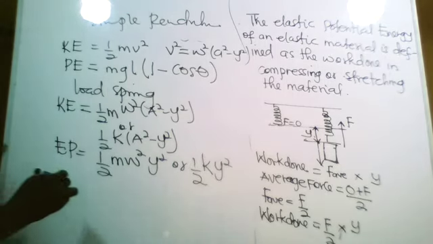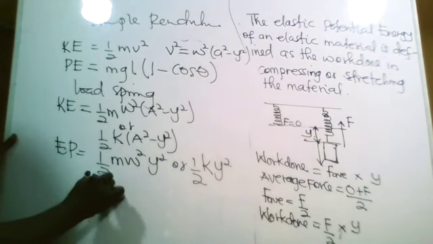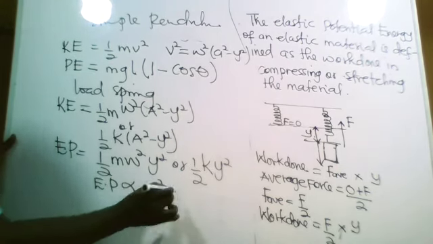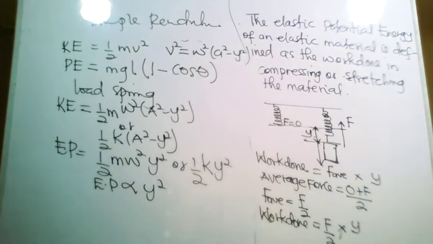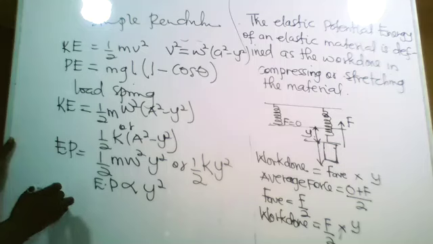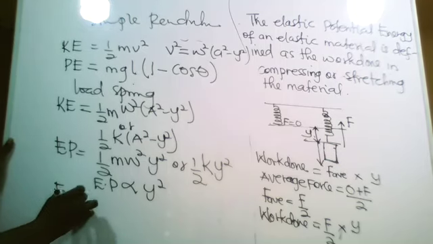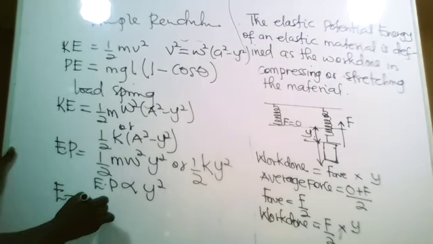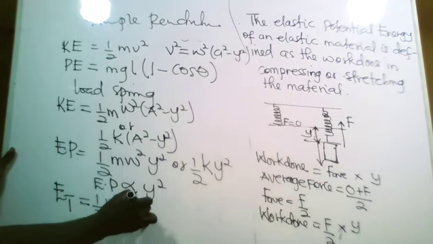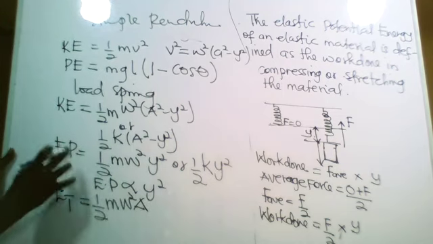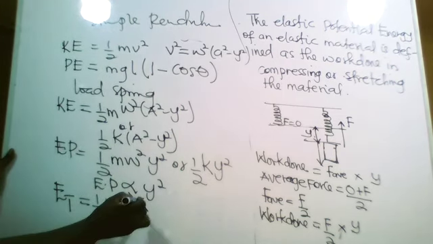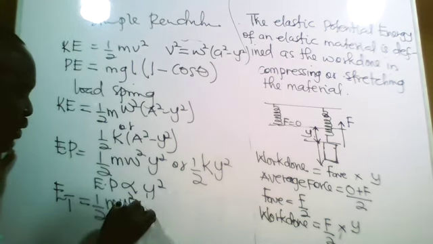Meaning, elastic potential energy is directly proportional to the square of its displacement. Then the total energy, ET, is equal to half m omega squared a squared, a function of the amplitude.